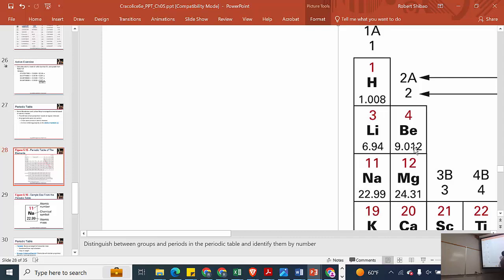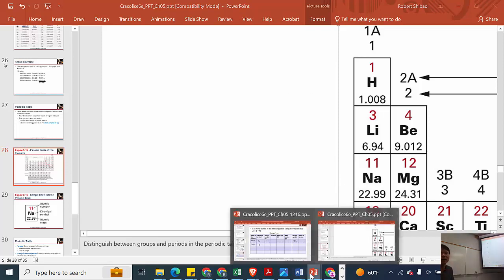So there are two weights for hydrogen atoms. One weighs 1, the other weighs 2. The average is close to 1, which means hydrogen 1 is much more abundant. We could go ahead and calculate it. So let's go ahead and calculate it. This number's been rounded, and so let's try to get a more precise number using the data that we have.